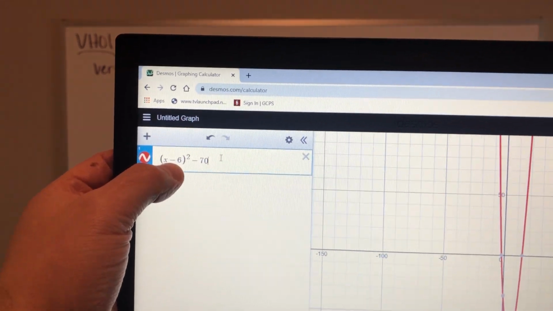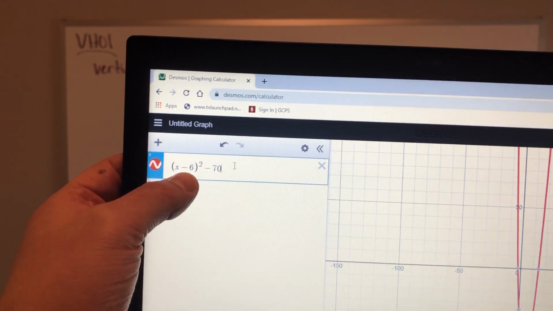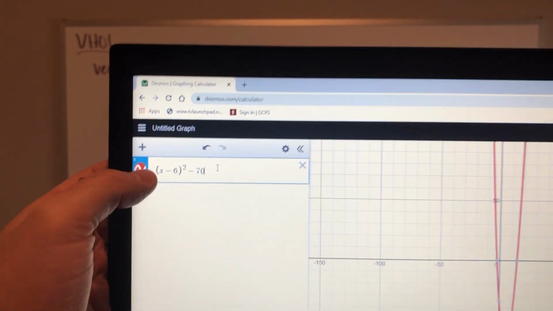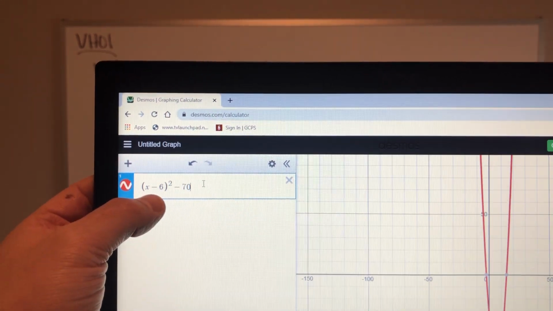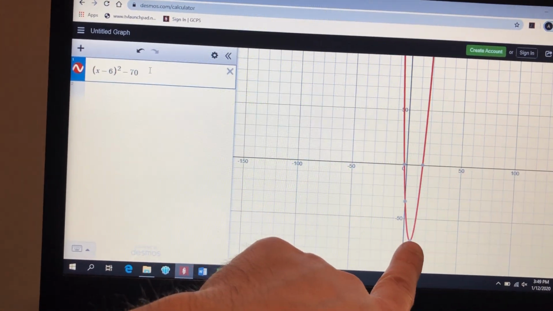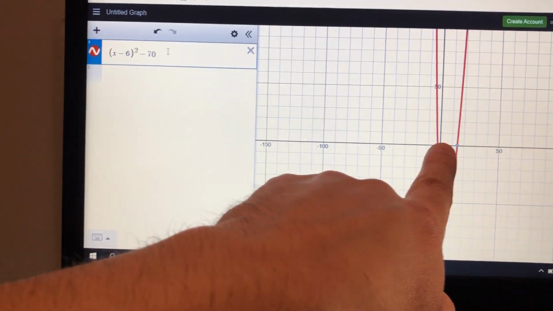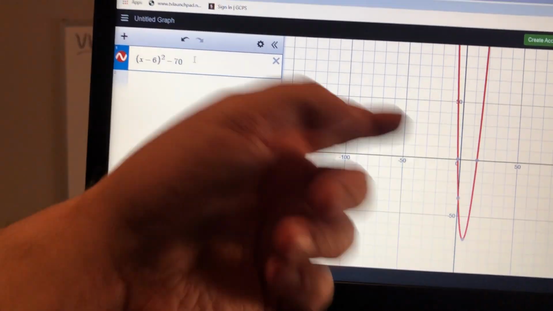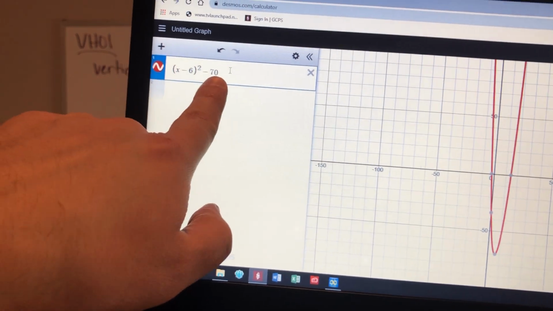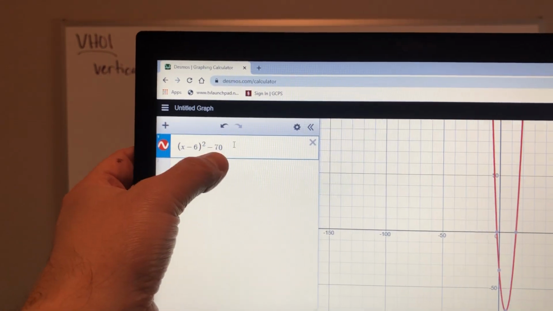The minus 6 in here, every single time you see something inside parentheses, it's horizontal and it's a liar. You would normally associate a negative sign with left, but because it's a liar, it's right. So take a look at what happened here. The vertex moved to the right of the y-axis. So I went right 6, down 70. And we knew that the vertex was the opposite of this and exactly that. So that might be one way to help you remember it.